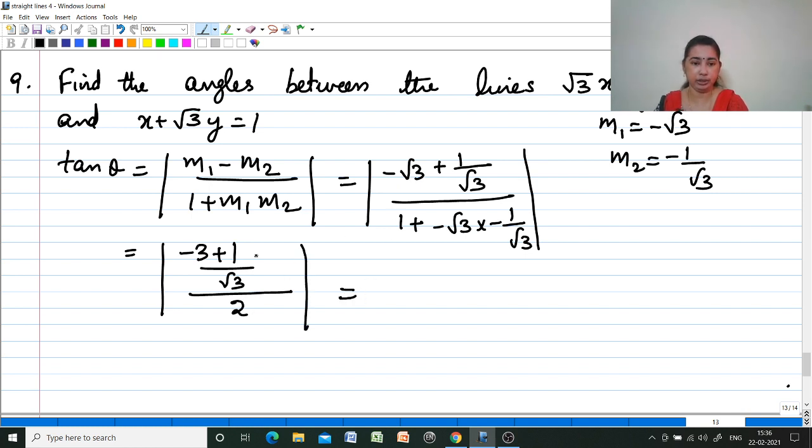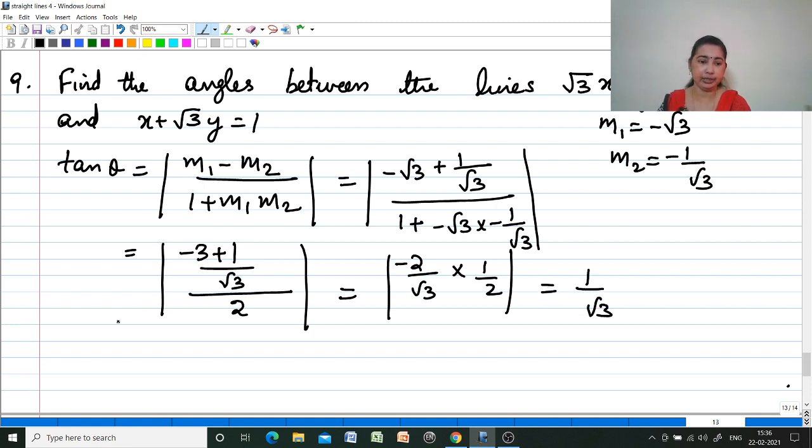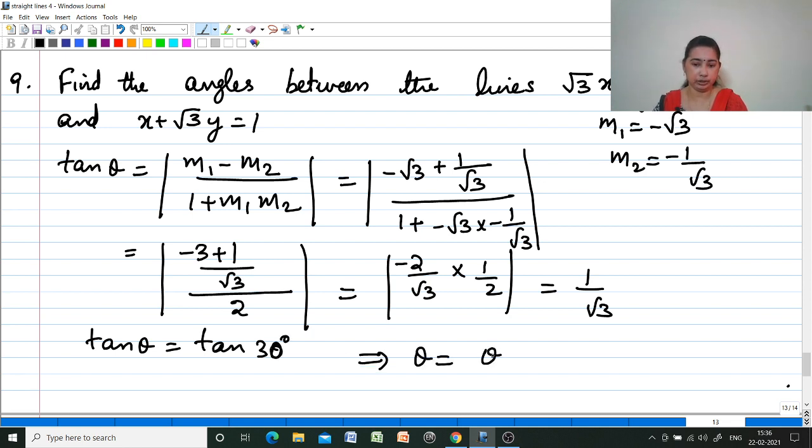That is equal to modulus of minus 2 by root 3 into 1 by 2. That's equal to 1 by root 3. So we are getting tan theta is equal to 1 by root 3. That means it is tan 30 degrees, or theta is equal to 30 degrees.